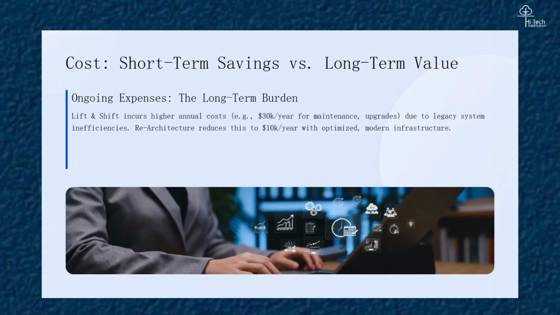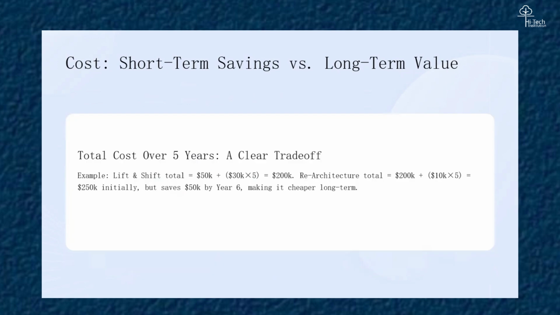Obviously, if we go with lift and shift, we are just doing a legacy system migration, so we won't have many features and nothing more to implement. Also, some organizational infrastructure might not support it. So for that reason, they quote this price. And coming to the next one.